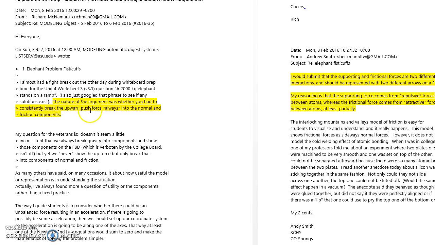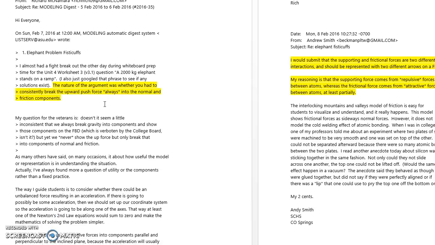Some students had drawn a single upward push force to represent the elephant on the ramp. Others had broken it up into the standard normal, perpendicular normal, and friction components. And this generated quite a bit of discussion.